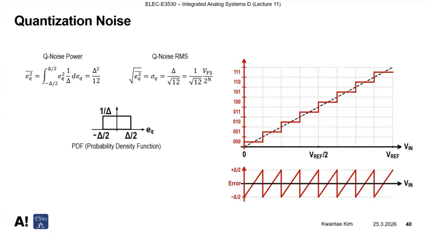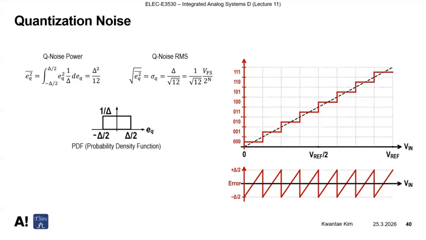So we have to calculate the power of the fluctuating noise. To calculate power, you can simply take the quantization error squared and take the integral over this area. So we have a probability, which is the height. So we take x squared times 1 over delta, dx.